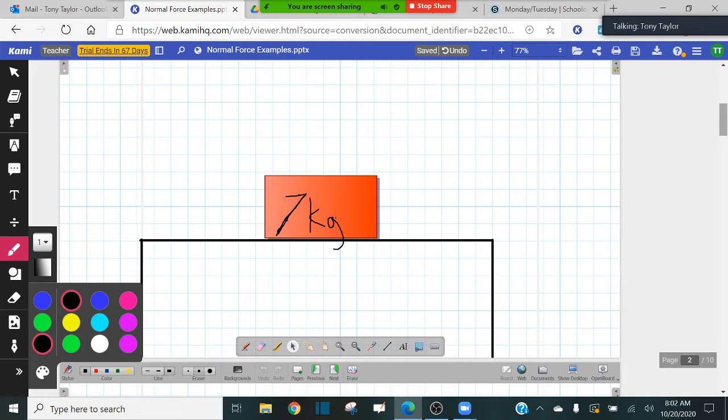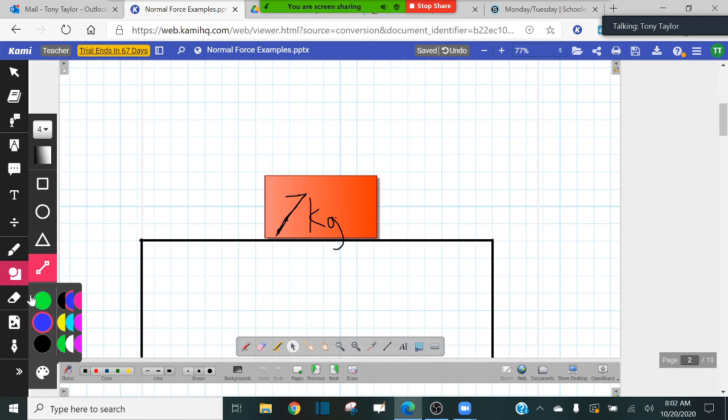So I have a 7 kilogram box, and I want to know the magnitude of the normal force acting on this 7 kilogram block or box. So that's easy. Obviously, there's two forces acting on this block. There's gravity pulling it downward.